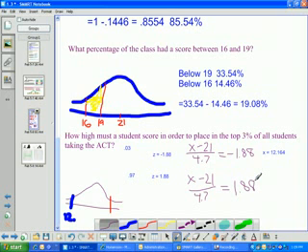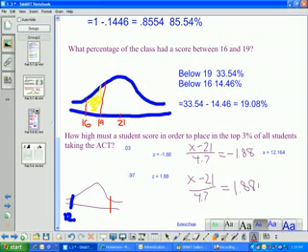So if I take 1.88 times the 4.7 and then add 21, I get an x value of 29.836, which makes a lot more sense than the 12.